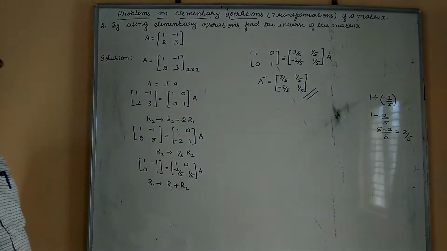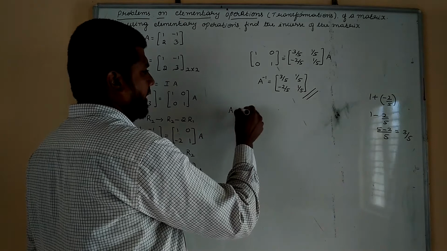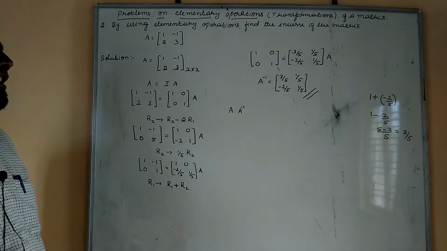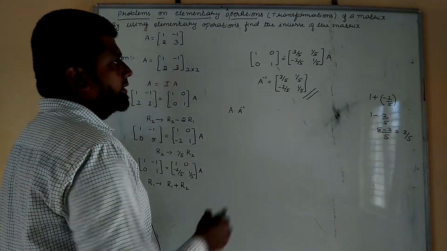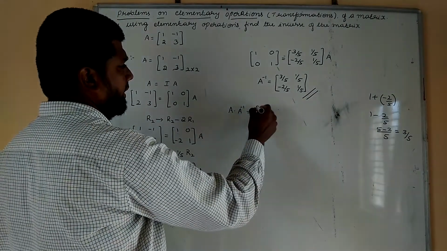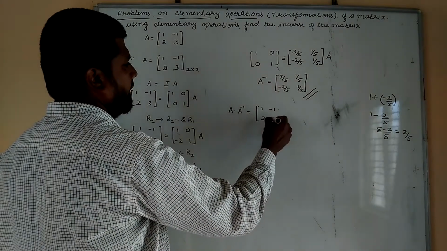Now let us verify. A into A inverse: if you multiply A into A inverse, you should get the identity matrix. If you get the identity matrix, then we know the answer is correct. Let us write A: 1, minus 1, 2, 3.